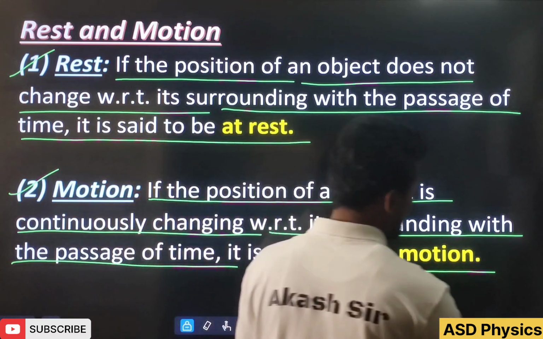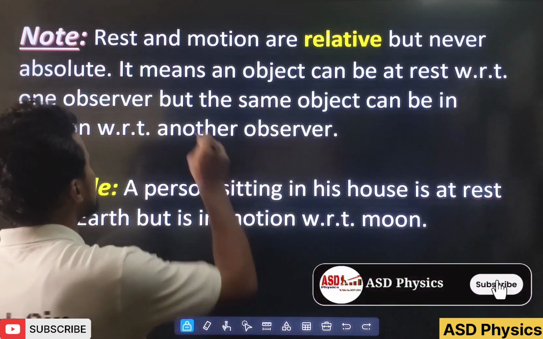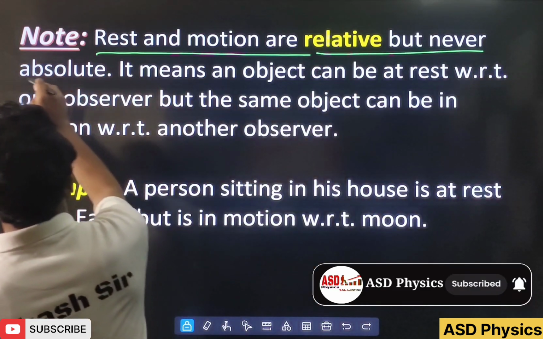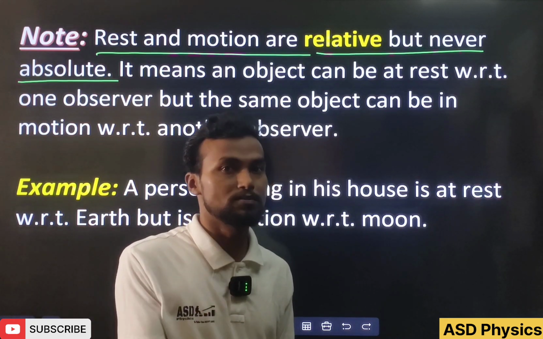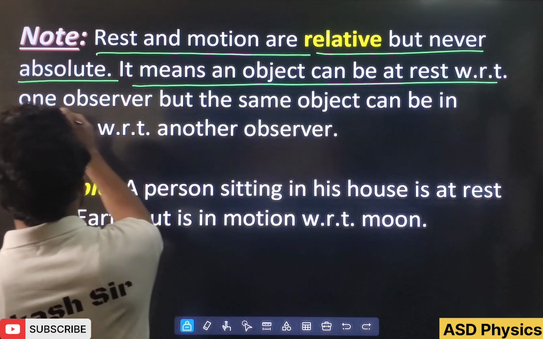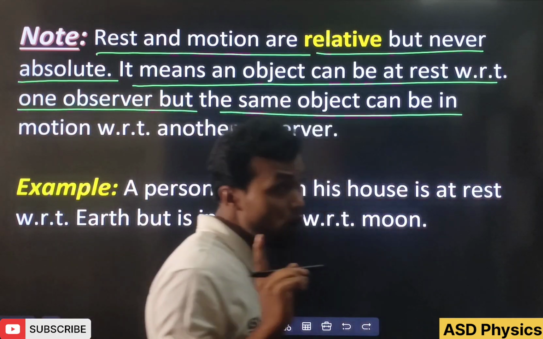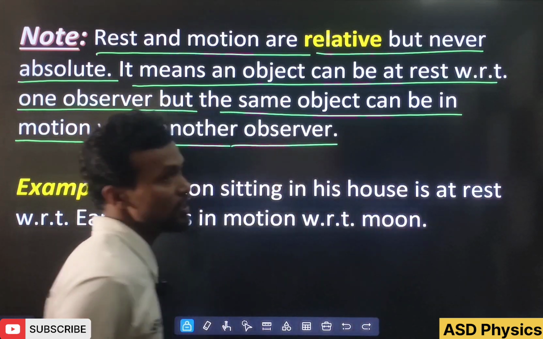Rest and motion. Next, a very important thing: rest and motion are relative but never absolute. Again I am telling, rest and motion are relative terms. It means an object can be at rest with respect to one observer, but the same object can be in motion with respect to another observer.